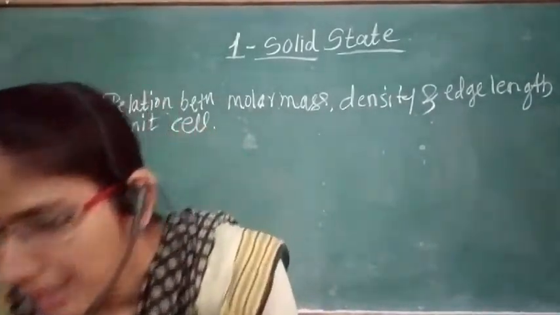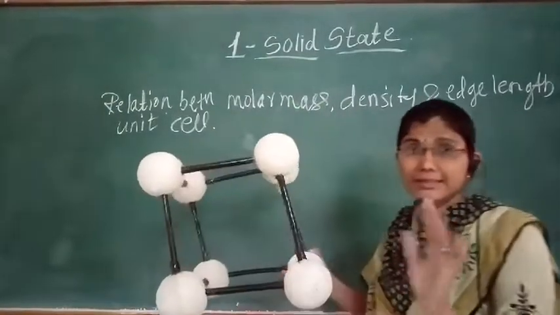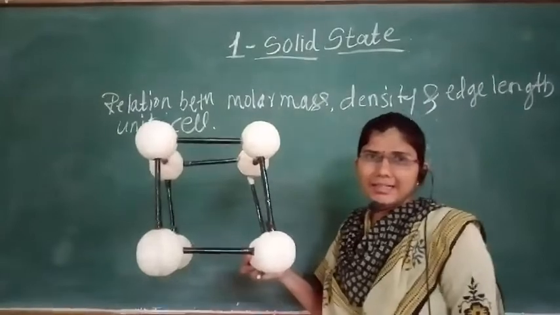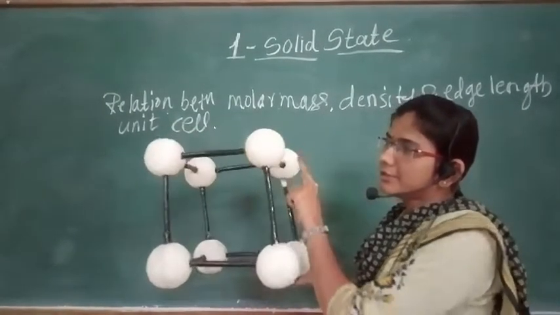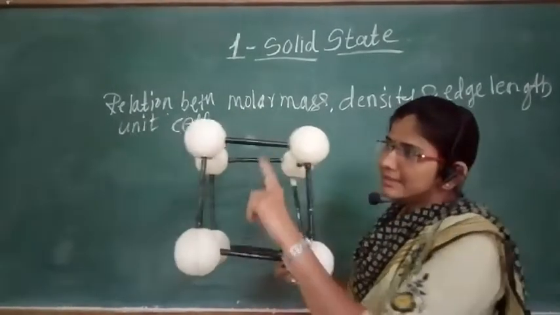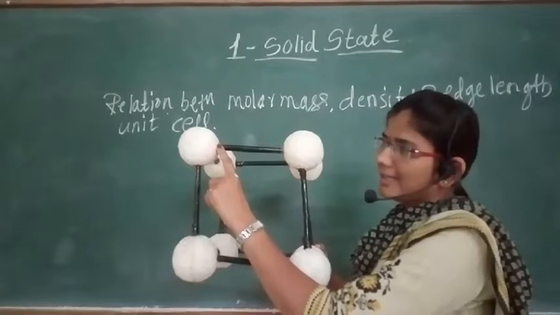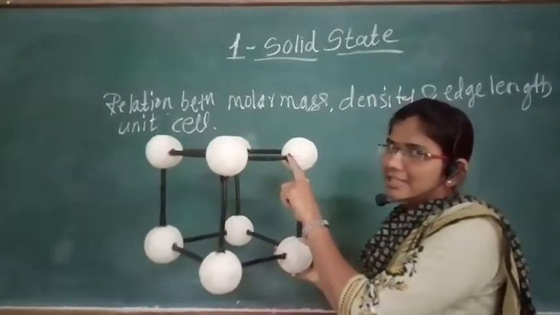Suppose here we have this cubic unit cell. Therefore, this is the edge length of this cubic unit cell, in the 3-dimensional structure. So this is the edge length a. This is also the edge length.